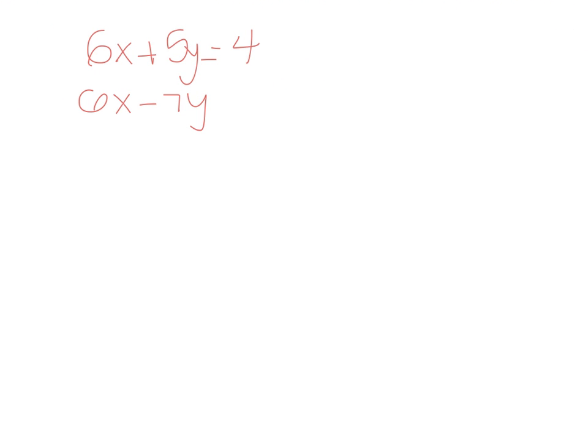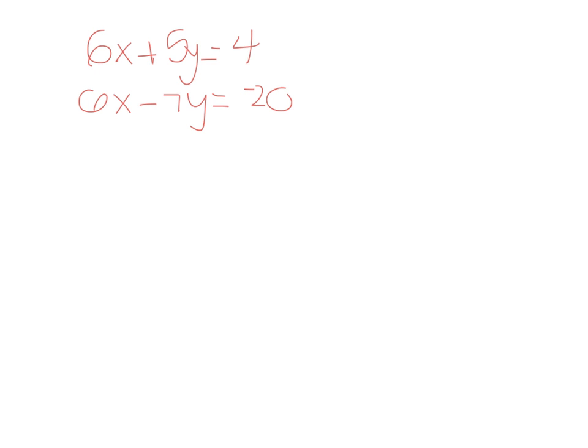However, it's not always set up to do that. So I'm going to do this next problem. 6x plus 5y equals 4, and 6x minus 7y equals negative 20. So I've got the same number, 6x and 6x, but I need to have one be negative and one be positive.